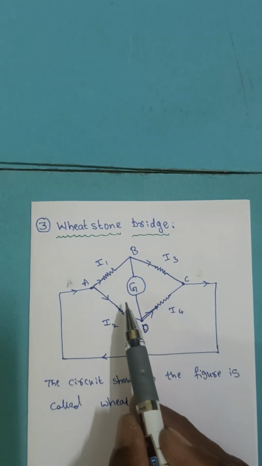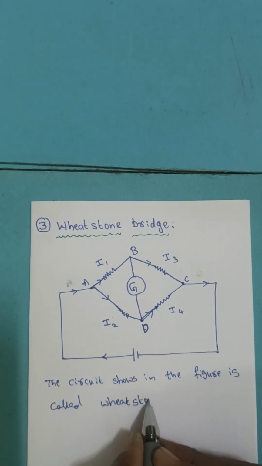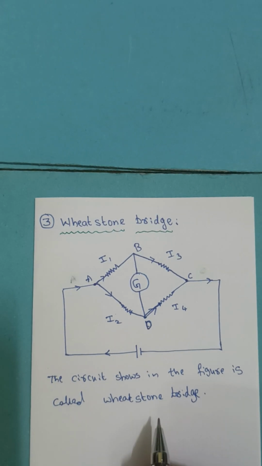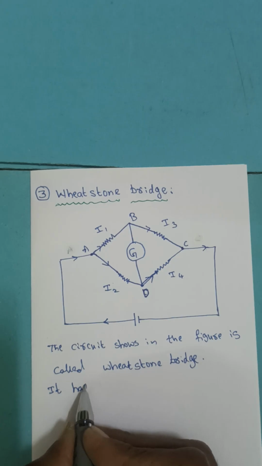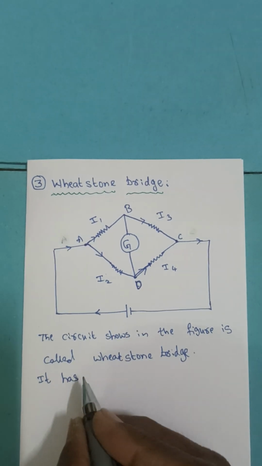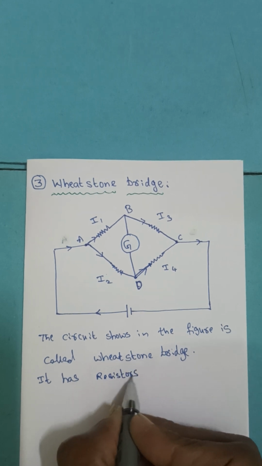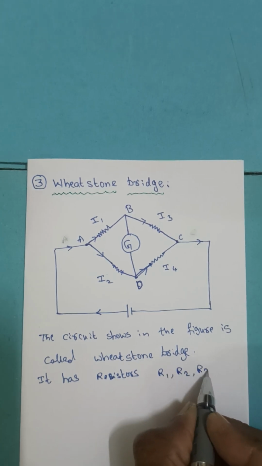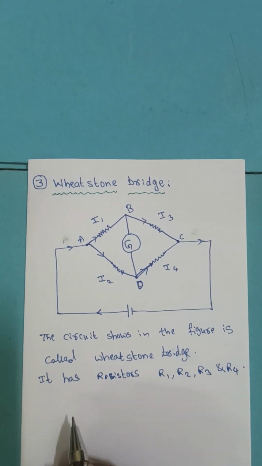It is a circuit diagram. It has 4 resistors, R1, R2, R3 and R4.